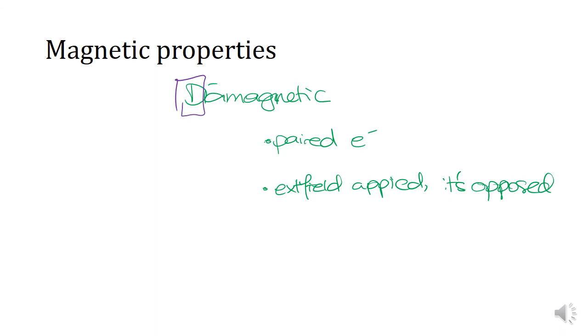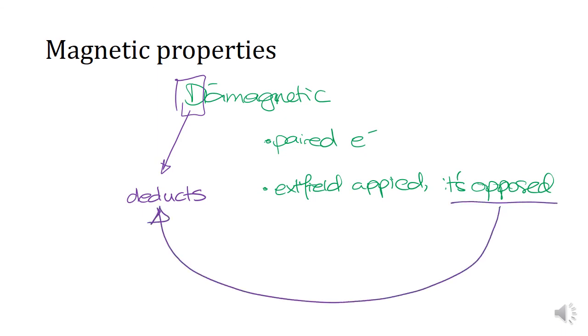So if two things run in parallel, they're running alongside each other. It's also where we get paramedic, so next to. Dia, I think, deducts. So it's opposing or deducting from that external magnetic field. Of course, I'm saying external magnetic field, I could equally be saying electromagnetic field. They are intertwined forces.